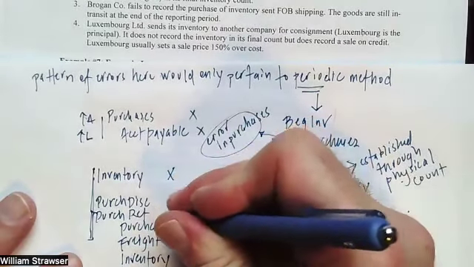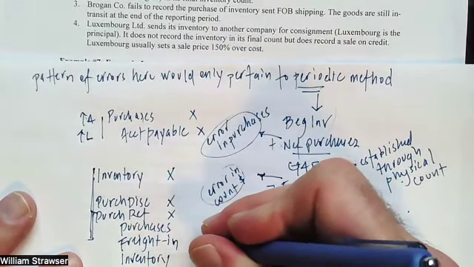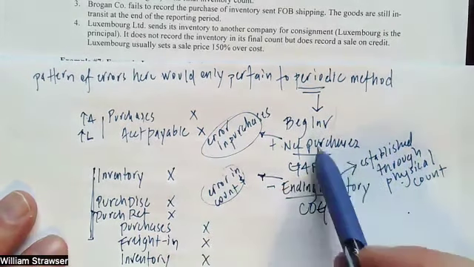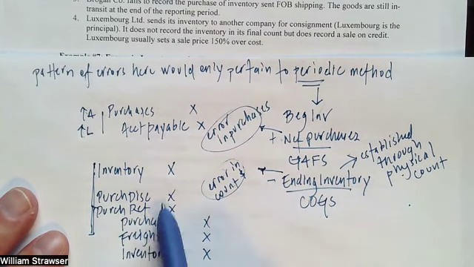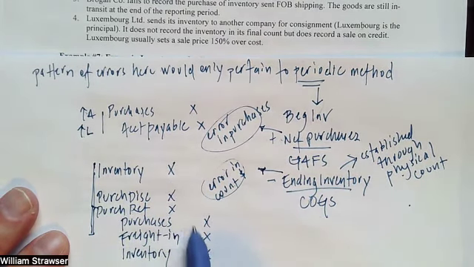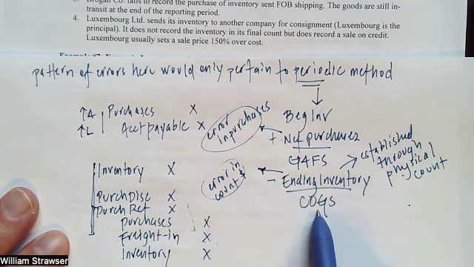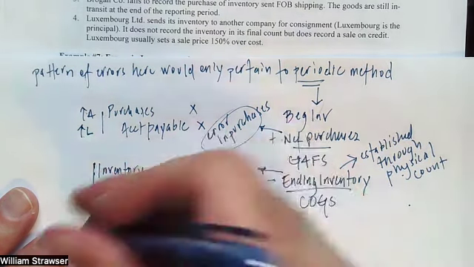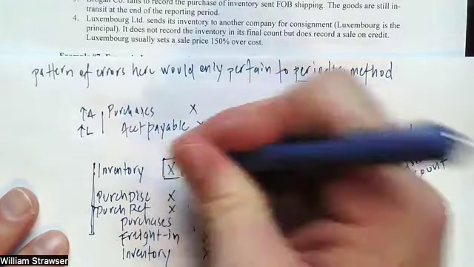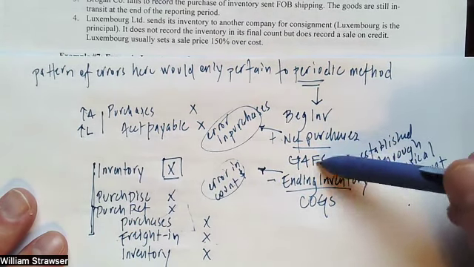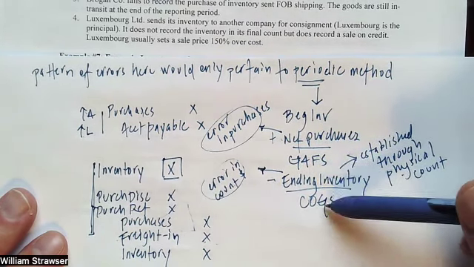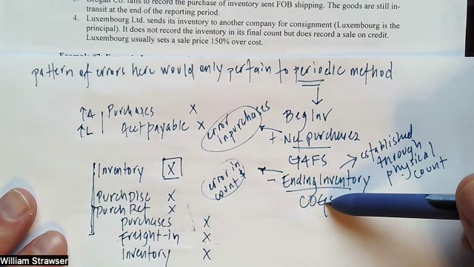And this is a little important to understand. It's a visual way of understanding how our net purchases, which are tied up in each of these accounts, these four in particular here, right? Our net purchases will affect how much we calculate cost of goods sold, as well as our ending inventory count will affect it. So when something is affecting goods available for sale and also ending inventory, it will ultimately have an issue in cost of goods sold.